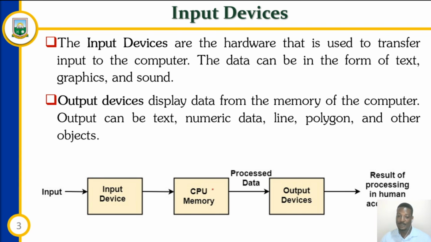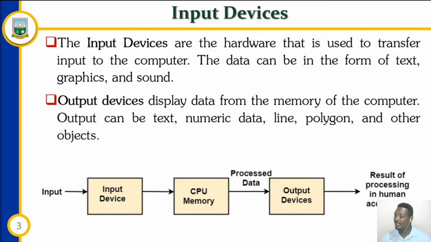Of course, the CPU is responsible for coordination, and also for arithmetic calculations. So the input, the picture put on the scanner, which is the input device, will be processed by the CPU and saved in memory.